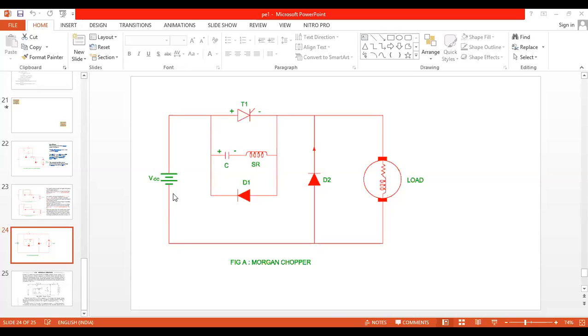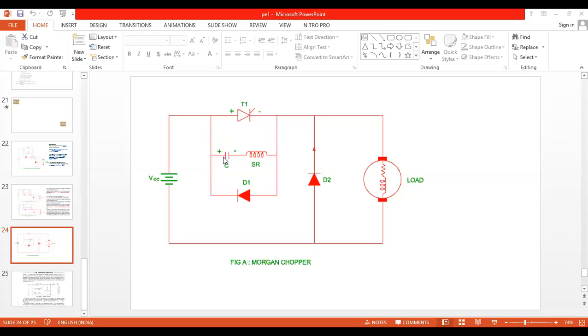Now what is case 3? Case 3 is all about turning off SCR T1. How do we turn off SCR T1? The capacitor starts to discharge from its positive terminal.